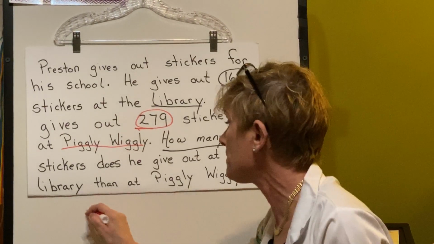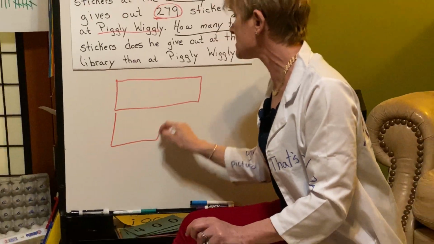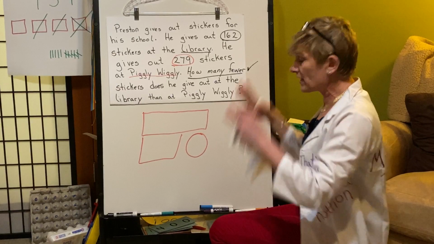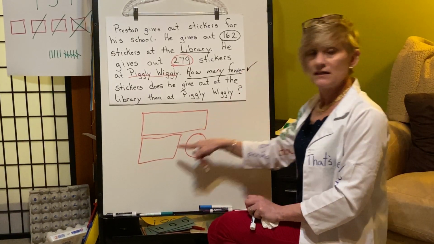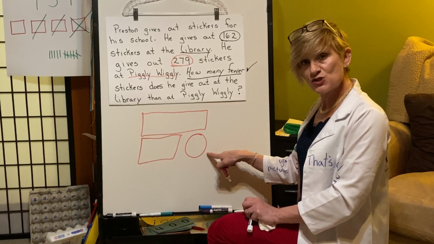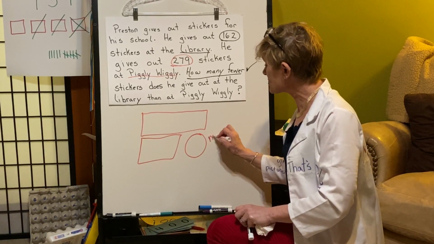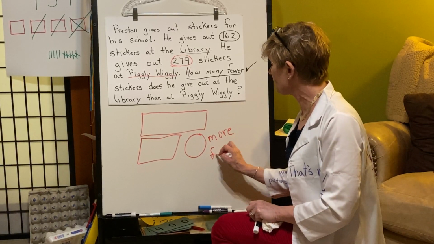So let's get that comparison bar. I hope you're remembering this, friends. This is the power. Remember that circle. When we do a comparison bar, we're looking at the greater amount and the fewer amount. That circle is where I put the more and where I put the fewer.